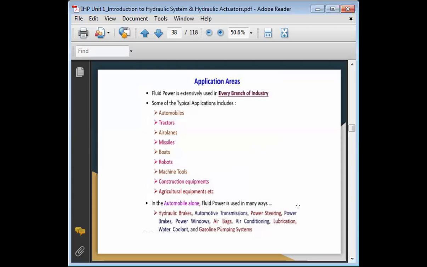You should know, because in the university exam a 4 mark or 6 mark question may ask about the application of fluid power. Please write down. Hurry up.